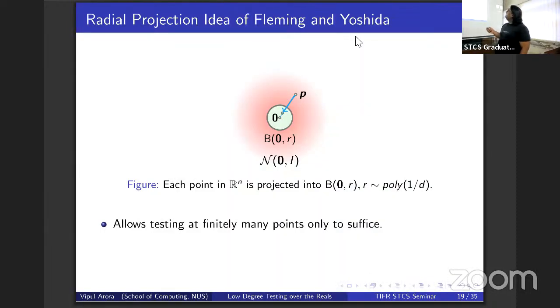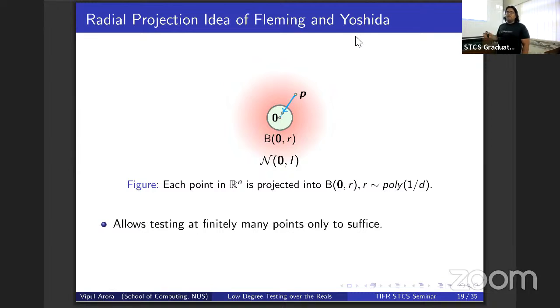And also the radial projection idea of Yuichi and Muha. This is crucial to make our analysis work over reals. Their idea was you take any point P in R^n and you project it radially into a small open ball B(0,r). And the analysis spits out what the value of r is going to be.